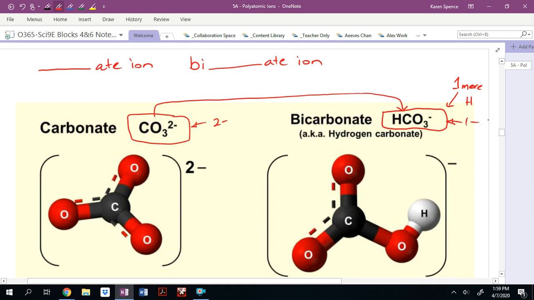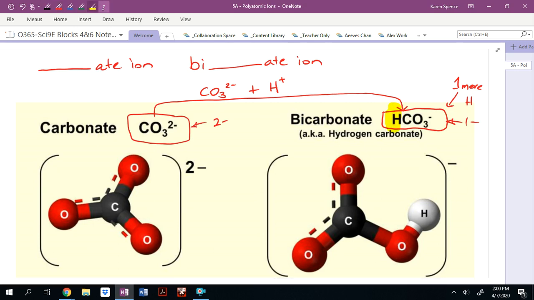Now what's happening is if you go from the carbonate ion, CO3 2-, and we add to it a hydrogen ion. And remember, hydrogen is in group 1. It's got its 1 valence electron, so it loses a valence electron to become plus 1. Take a look at what happens if we put our carbonate and our hydrogen H+ together. We end up with that extra H on our HCO3.